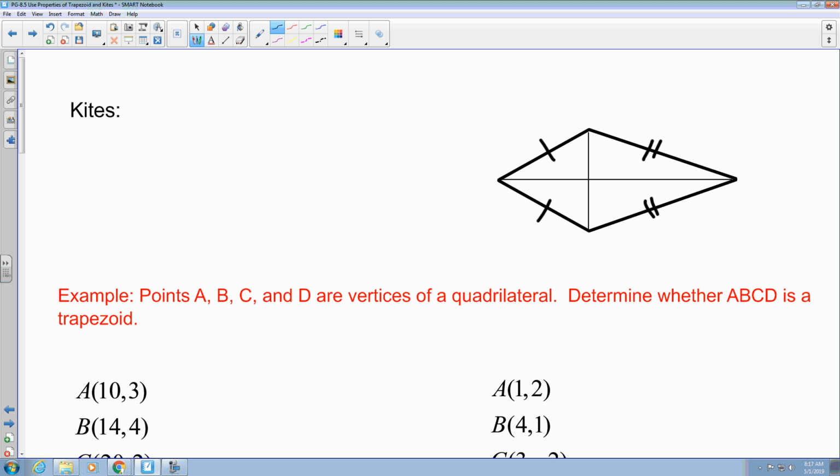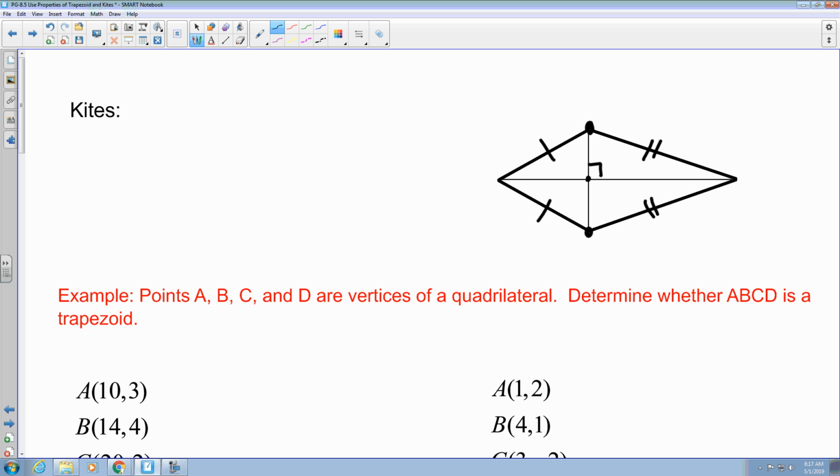Another characteristic of a kite is that the two diagonals meet at a 90-degree angle. And the last characteristic of a kite is the two vertices that don't share the congruent side, so it would be this vertex here and this vertex here.